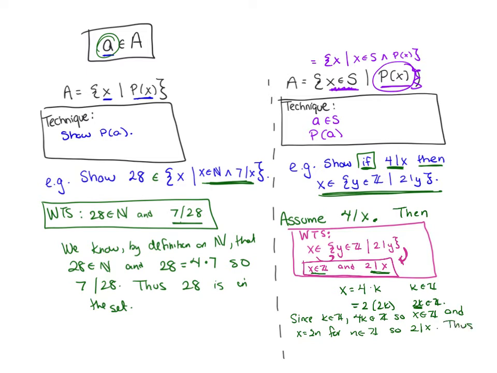Thus, since I satisfied those two conditions, I can say x is in the set of y in Z such that 2 divides y. Right, so really, what did I show in other words? If x is a multiple of 4, then 2 divides it, it's even. So we just used a step-by-step proof to show that any multiple of 4 is also even.